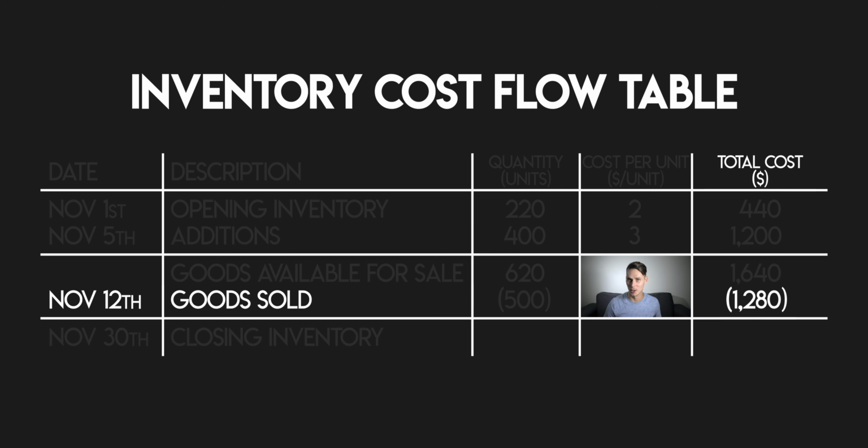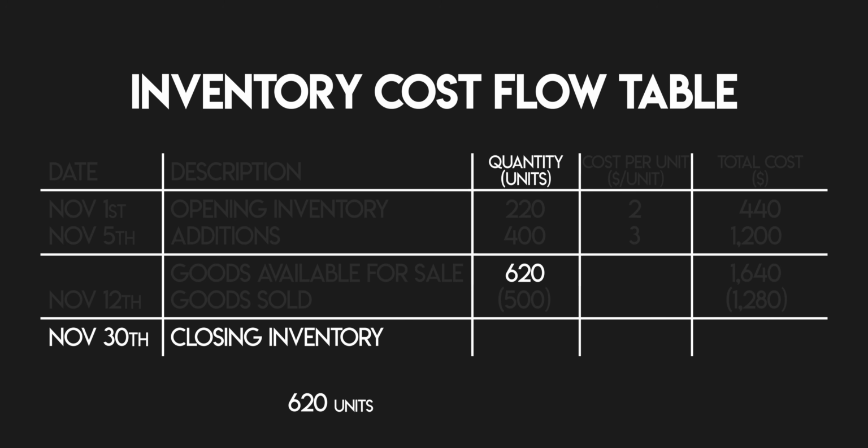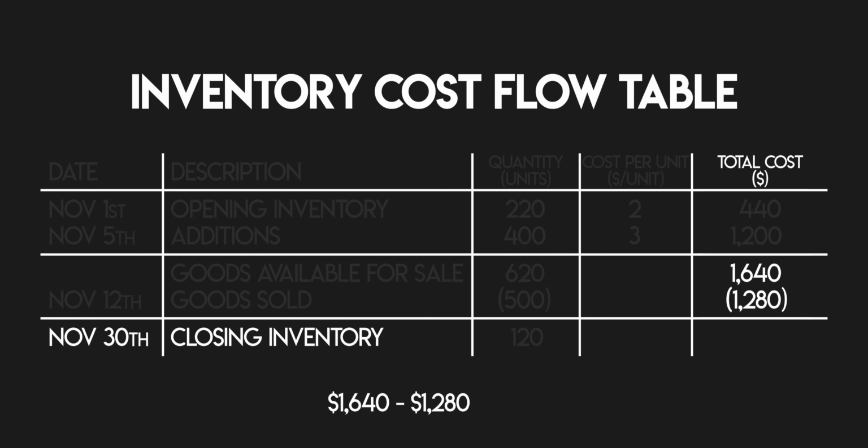Nice work. That was the hard part. Now let's take some totals to find out your closing inventory on November 30th. 620 minus 500 gives you 120 units, and 1,640 minus 1,280 gives you $360, your total cost of closing inventory.